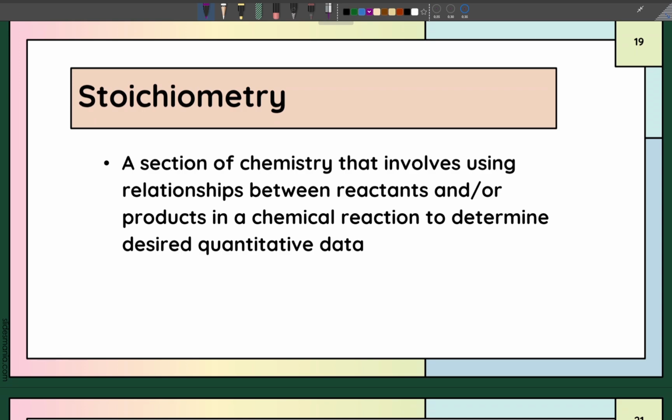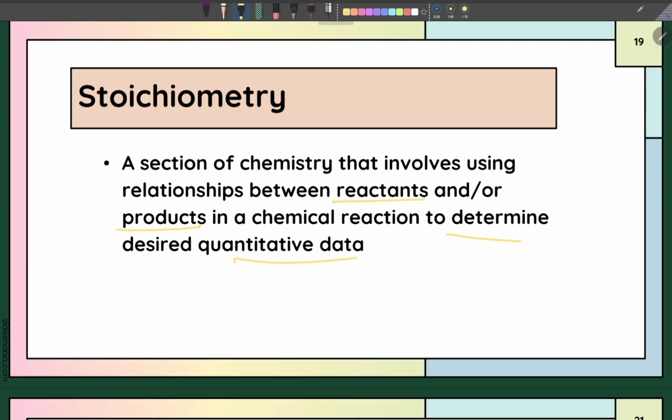When we say stoichiometry, we're looking into the relationship between the reactants and products in a chemical reaction. So you will know the needed reactant or the product that will be formed by computing the substances involved, to determine the desired quantitative data.